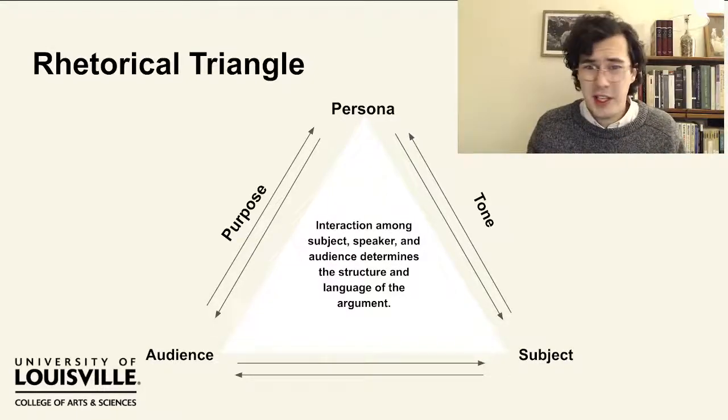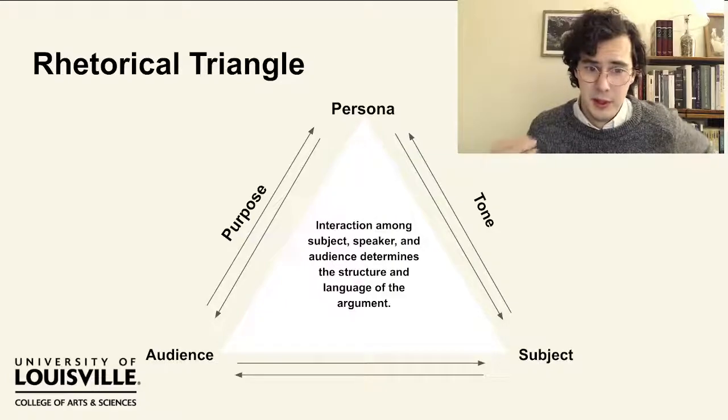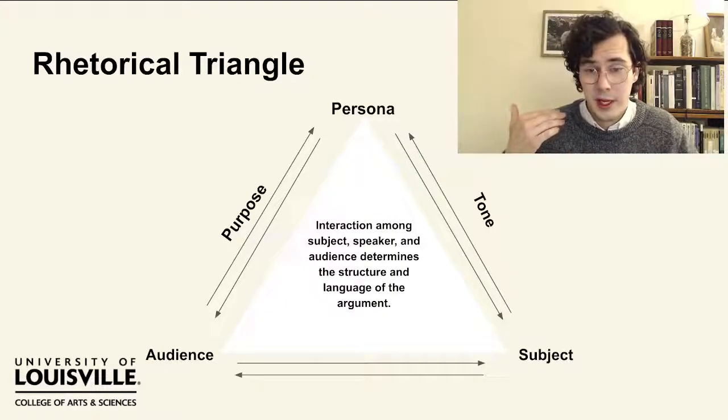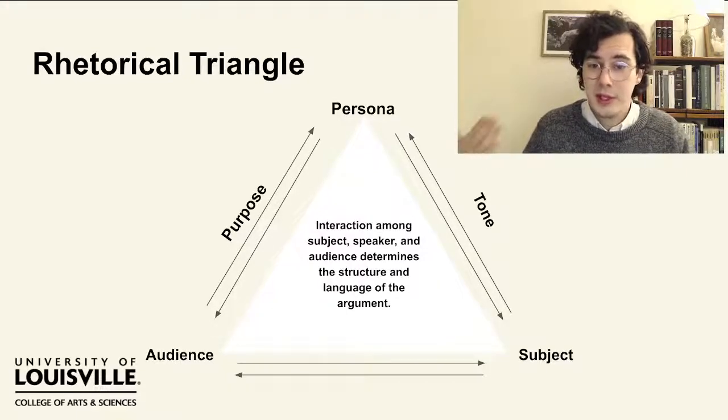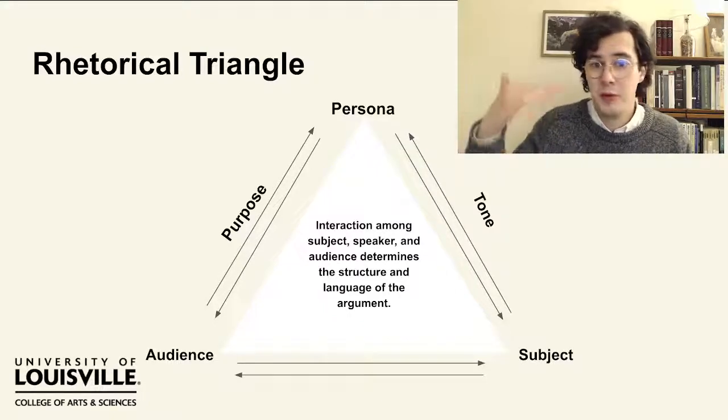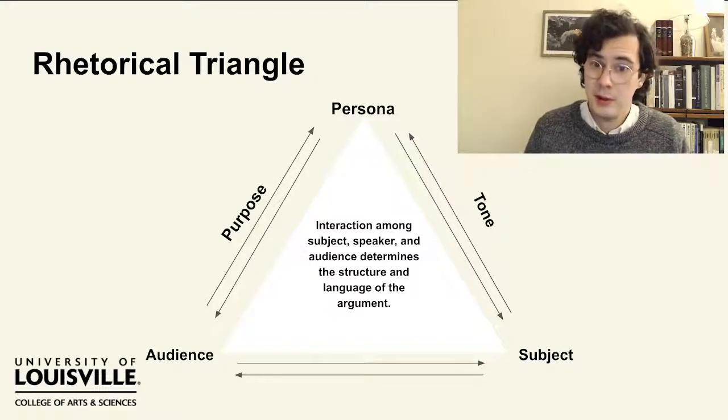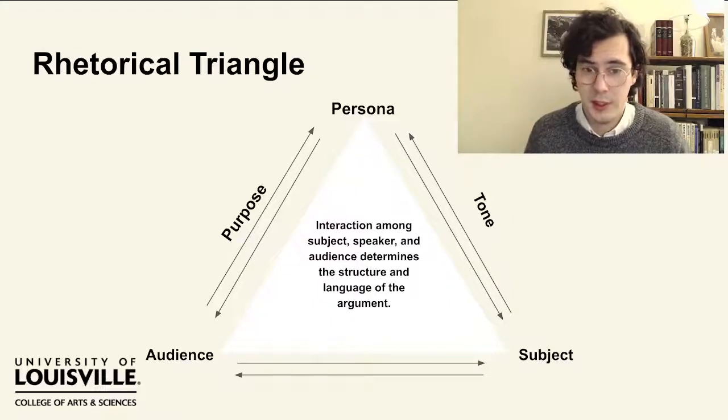The purpose needs to be clearly communicated and established between the audience and the persona. The audience needs to understand what the person that is giving the argument is trying to accomplish, and the person that is giving the argument needs to clearly communicate that purpose back to the audience in a reciprocal form. Similarly, tone needs to be matched between the subject matter and the person that's giving the argument.